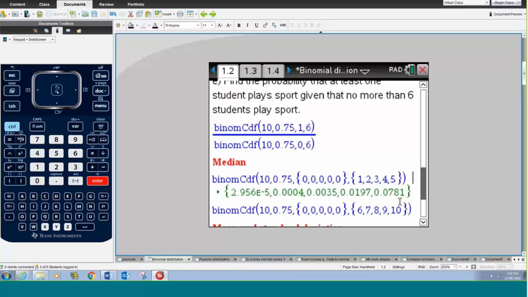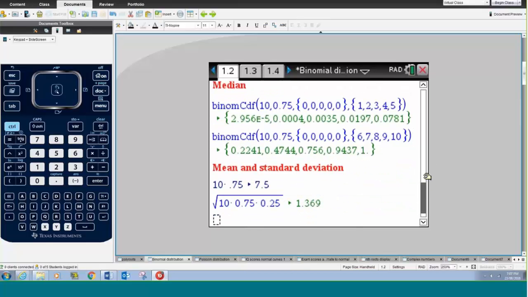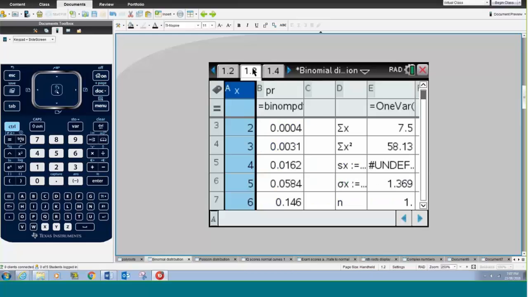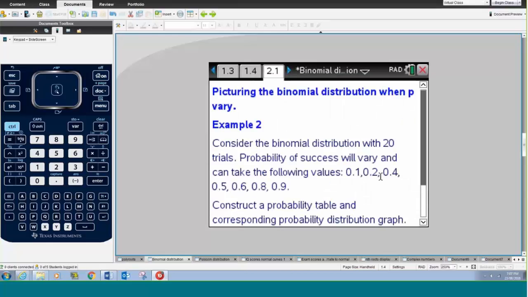I can scroll through the probabilities, and if I go here, I can see 0.22, 0.47, 0.76, so that's how we can determine a median using this list. We could also use the cumulative, which I will do in another question.